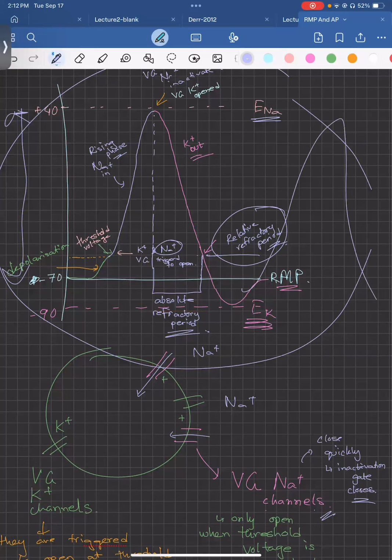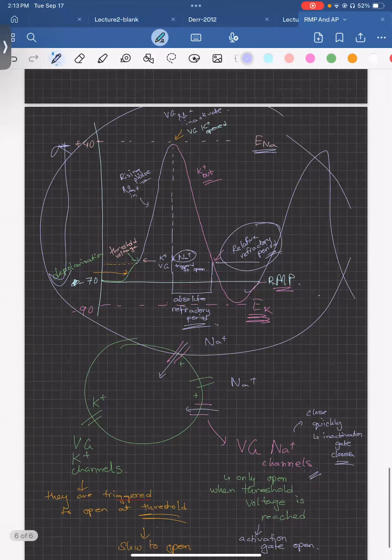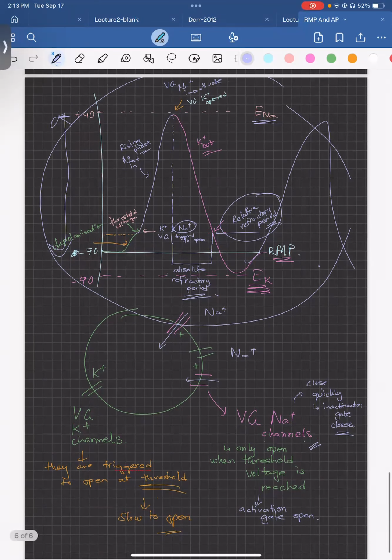And the distance between one action potential and the next is just shorter. That's it. So you can change the frequency, but you cannot change the magnitude. I'm happy to elaborate on that if I do another video on it, but for now, that's all I wanted to mention about action potential.